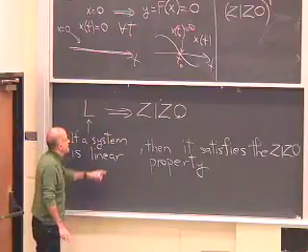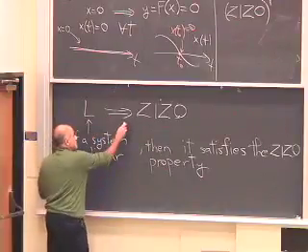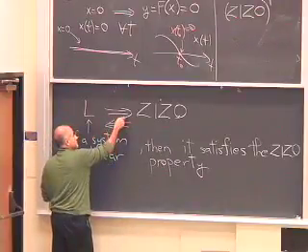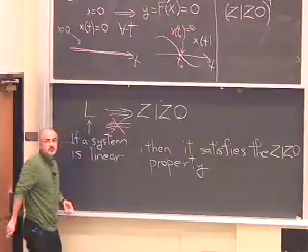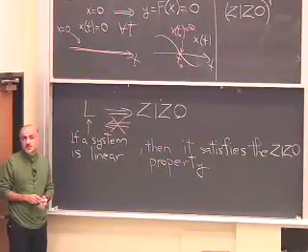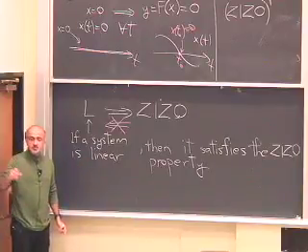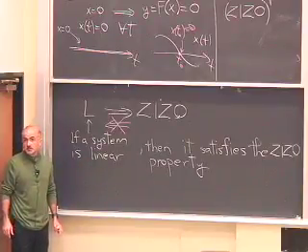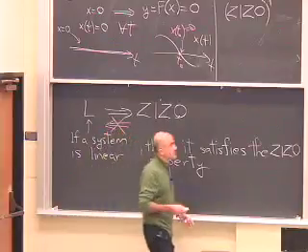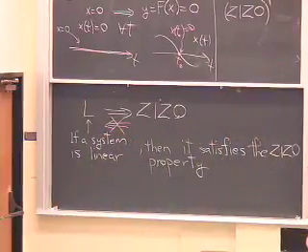Okay? The arrow going the other way does not hold. In other words, just because you have a system for which zero input produces zero output, that doesn't mean that it's linear. Let's codify that.